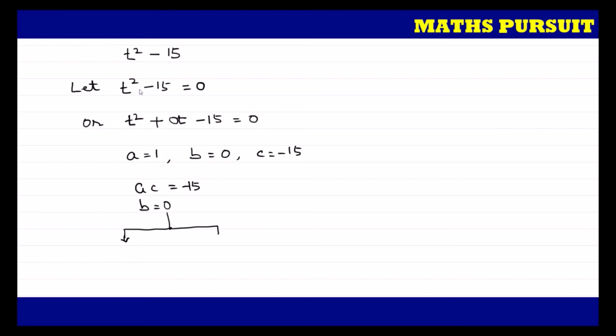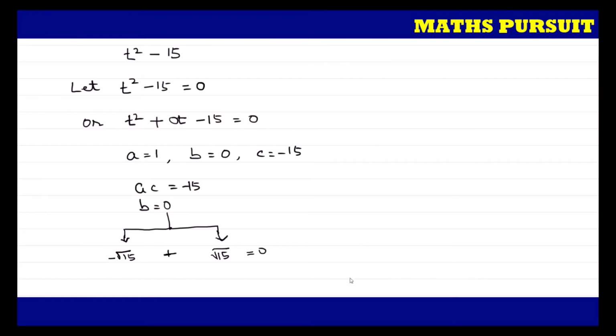If I consider the two numbers, one number is minus root 15 and the other number is plus root 15. What do you think? Will it work? Let's see. If I add minus root 15 plus root 15, we will get 0.